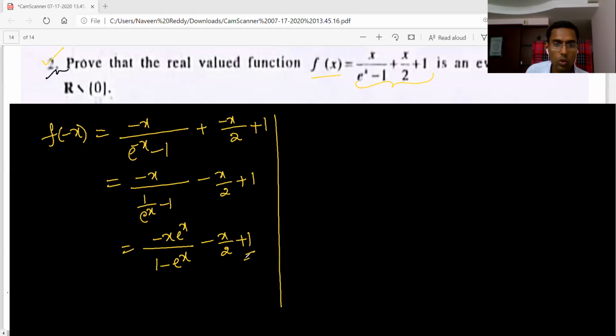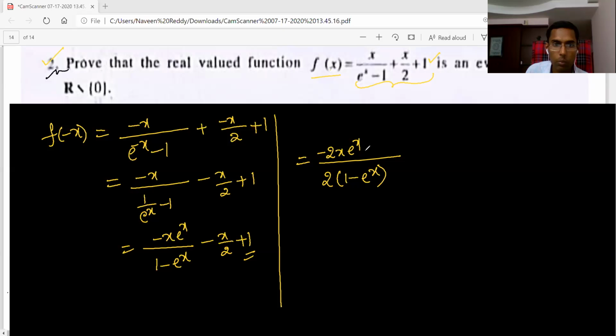Take LCM. This one you keep as it is. Now 1 you don't need to do anything, you keep as it is, you can keep aside. Then if I take LCM for these two, what I get? 2 into 1 minus e power x, that is the LCM. Then this 2 goes this side, minus 2x e power x.